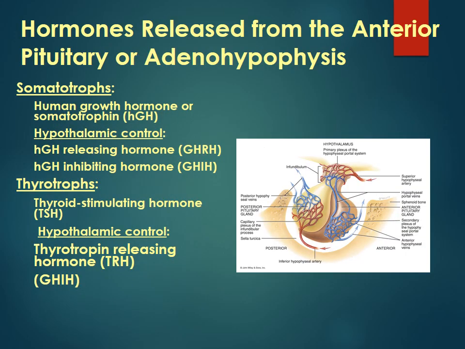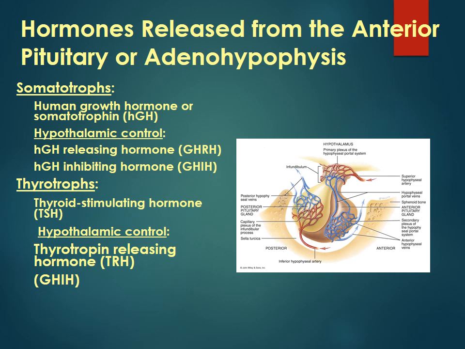The hormones that are released from the anterior pituitary or adenohypophysis: somatotrophs, human growth hormone or somatotropin, GH. Hypothalamic control, we have the GH releasing hormone, GHRH, and GH inhibiting hormone, GHIH. Thyrotrophs, thyroid stimulating hormone, TSH.